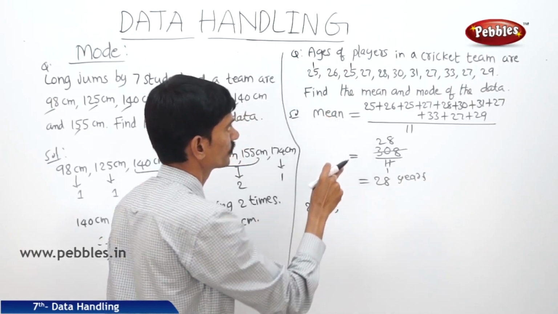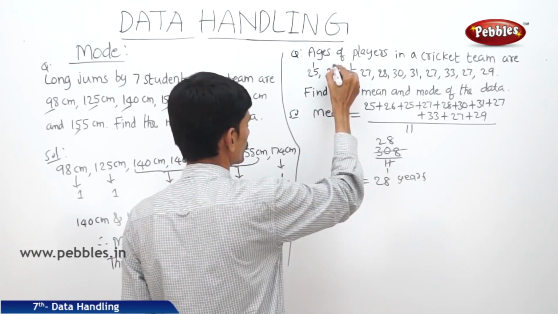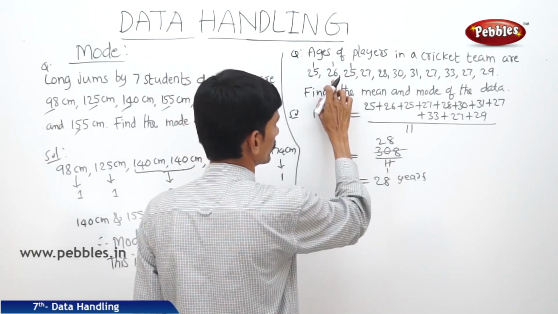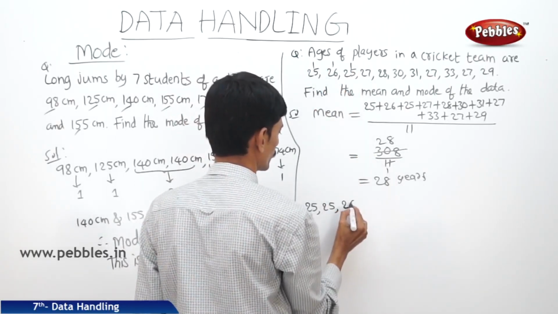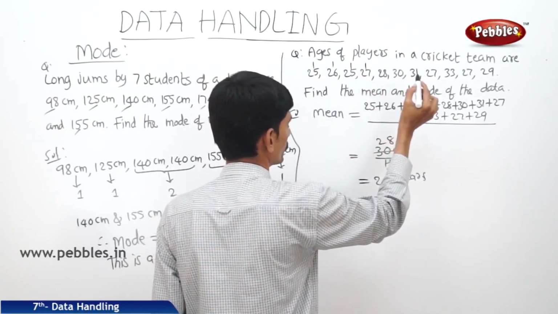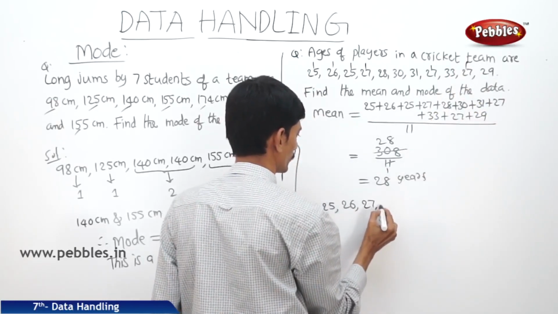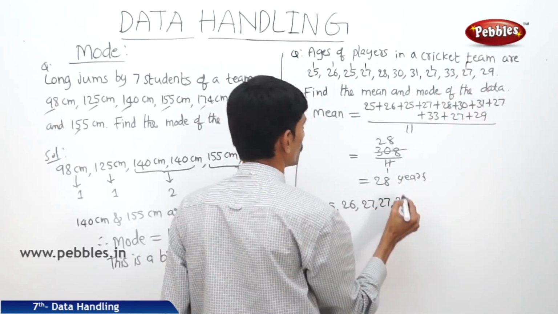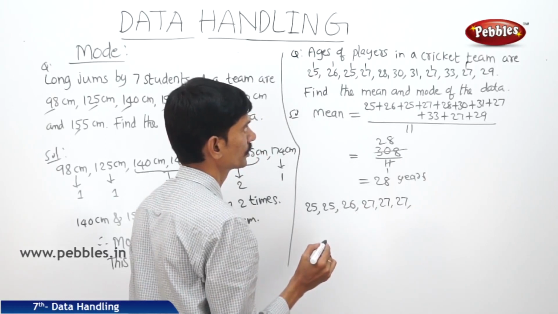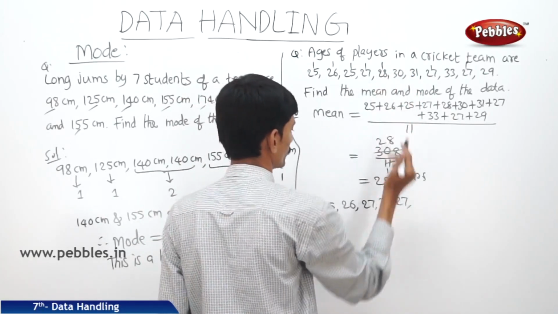Then we take 26. 26 is occurring 1 time. Then 27 is occurring 1, 2, 3 times. Then we take 28, which is occurring only 1 time.